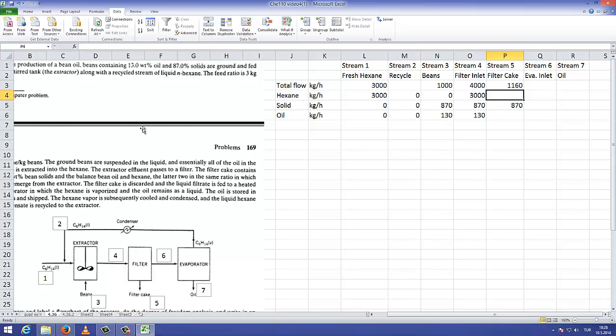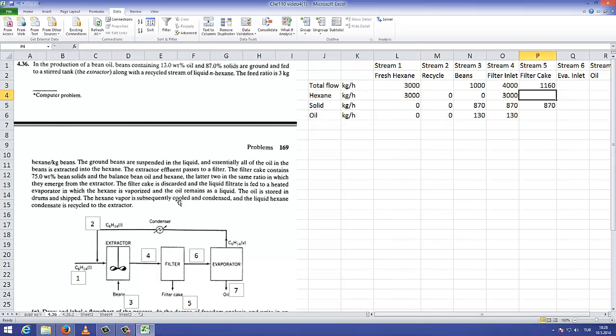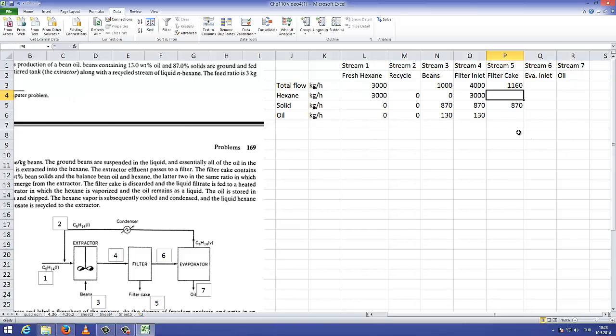Now, the question states that the hexane and bean oil are in the same ratio in which they emerge from the extractor, which means the oil and hexane account for this 25% of the filter cake, and they are in the ratio in which they come in.